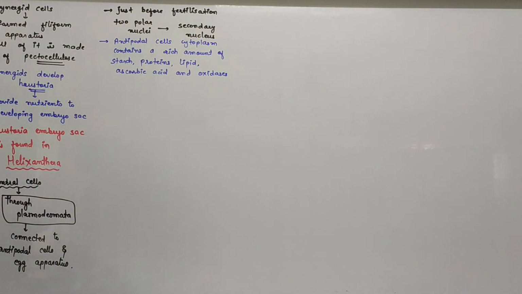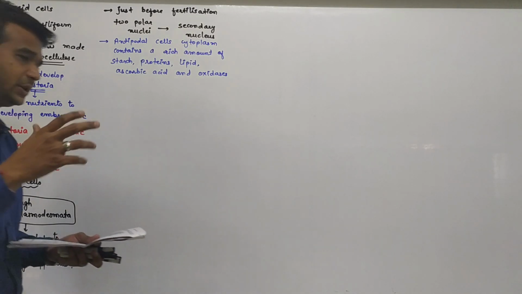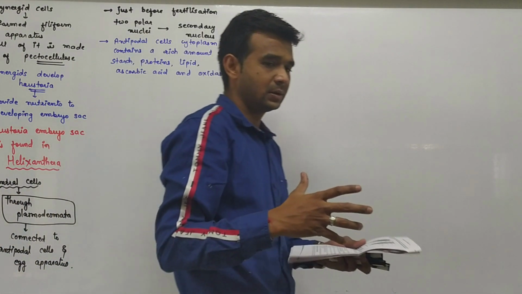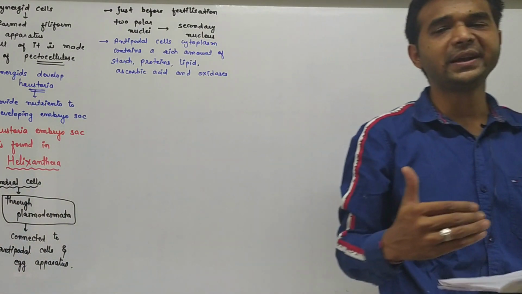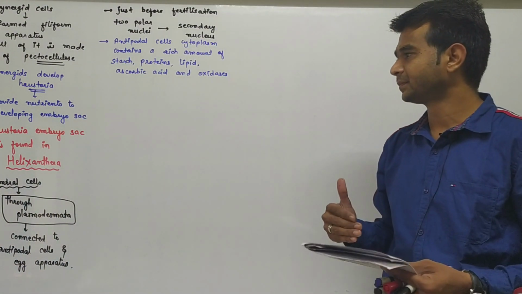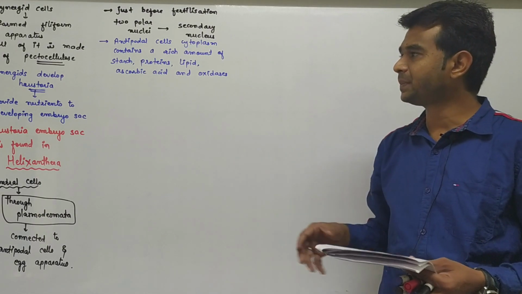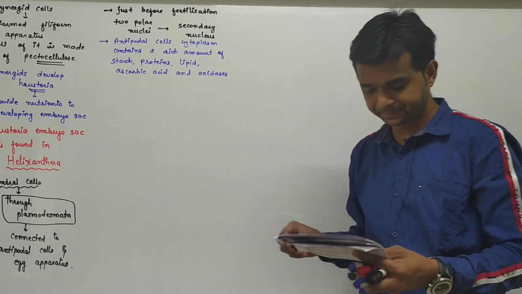So generally, antipodal cells give nourishment. The antipodal cells and nucellus give nourishment to the embryo sac. Fine. And in some plants, haustoria is also there.